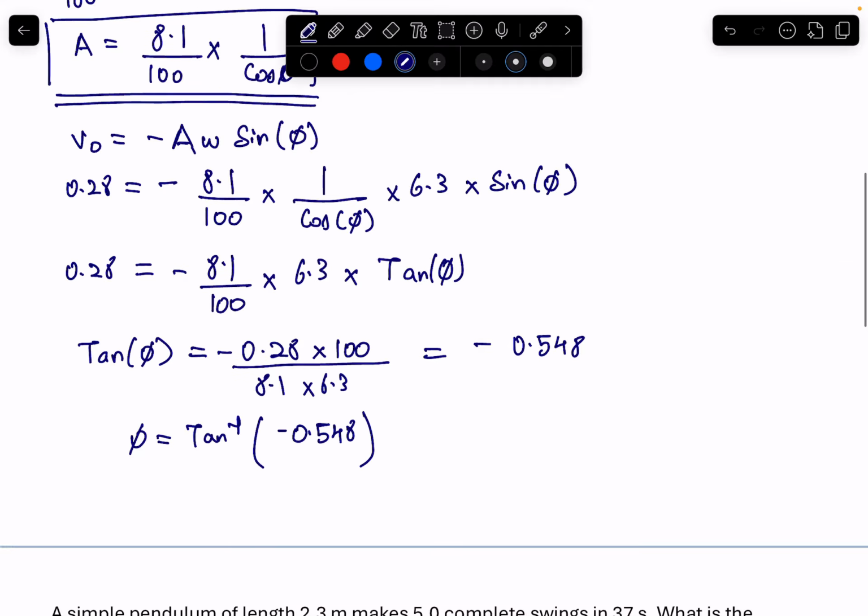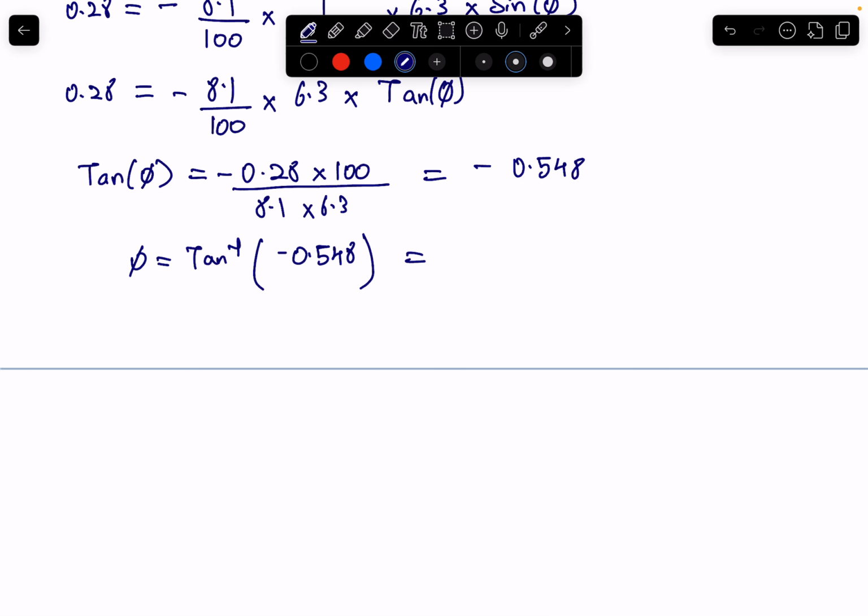So phi is equal to, my bad, tan inverse of negative 0.548. It's negative 28.72.